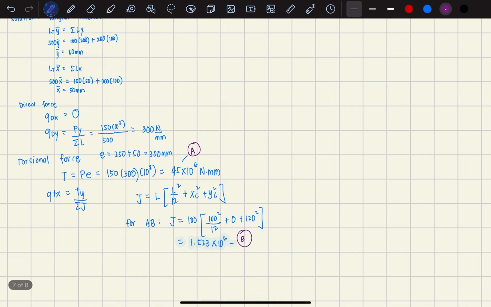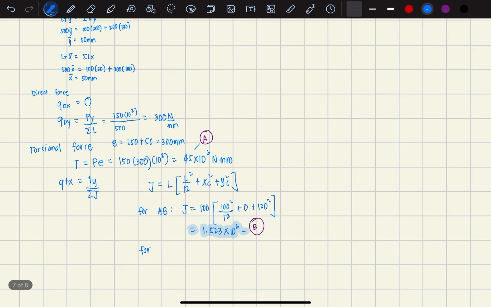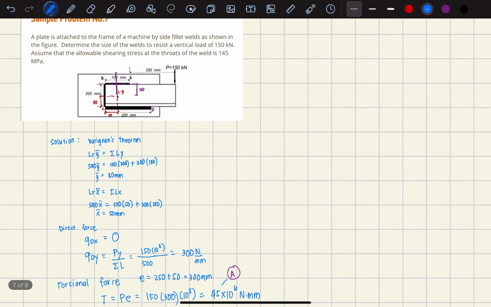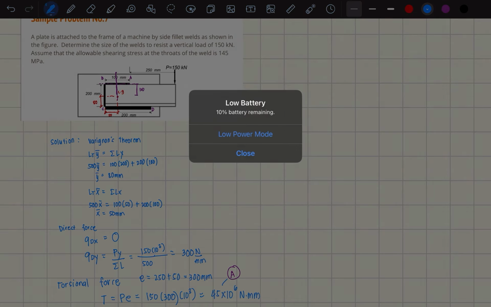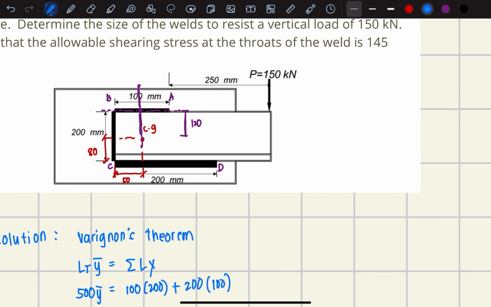Next is the polar moment ng segment BC. So, ganun lang din yung computation. So, sa BC, ito naman class yung BC. So, segment BC ito. Yan.